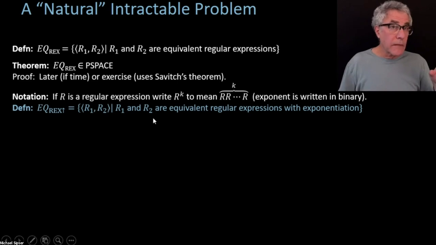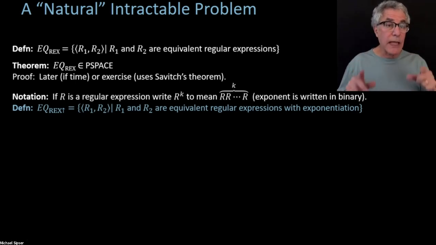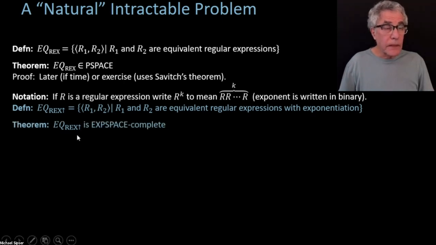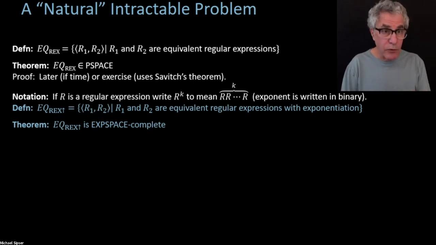So now, testing whether two of these regular expressions that have exponentiation are equivalent, that problem turns out to be exponential space complete. Okay? So here's the equivalence problem for regular expressions with exponentiation. That's an exponential space complete problem. And as we pointed out, that means this problem is provably intractable. So there's just no way in general to solve that problem in polynomial time. That's proven, that's known.